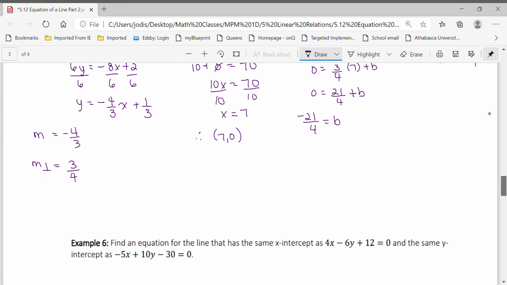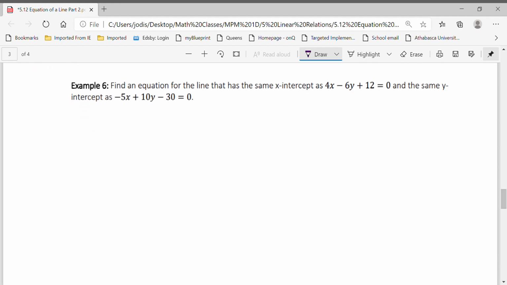Okay. And we've got another example here. So we want to find the equation of a line that has the same x-intercept as this one, and then the same y-intercept as that one. So first, let's get our x-intercept, which, remember, y equals 0.